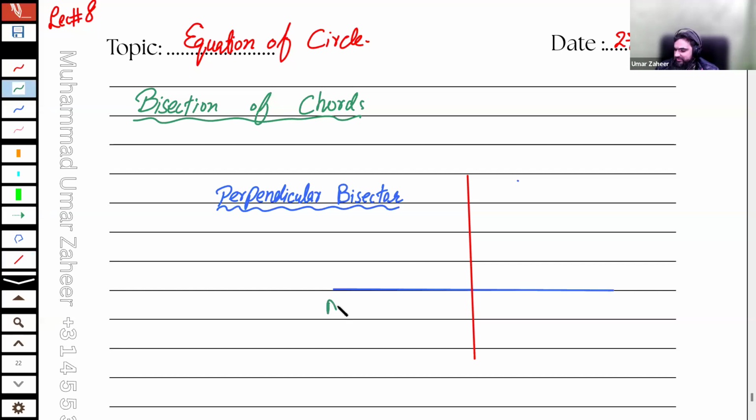Let's say this is the distance A to B and this is C, the midpoint, and they are making a 90-degree angle. The red line divides this blue line into two equal parts. So this line is known as the perpendicular bisector. A line that divides the other line into two equal parts is known as perpendicular bisector.